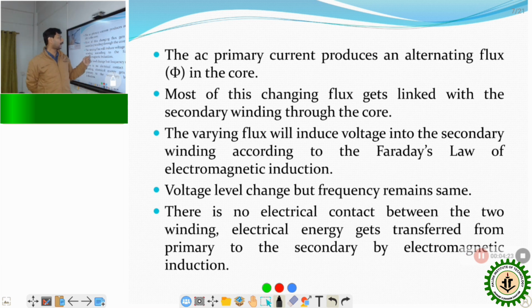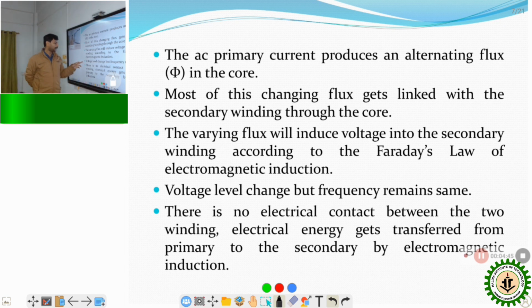The varying flux will induce voltage into the secondary winding according to Faraday's law of electromagnetic induction. The voltage level changes, but frequency remains same. There is no electrical contact between the two windings. Electrical energy gets transferred from one circuit to another, that is the primary to the secondary circuit, by electromagnetic induction.